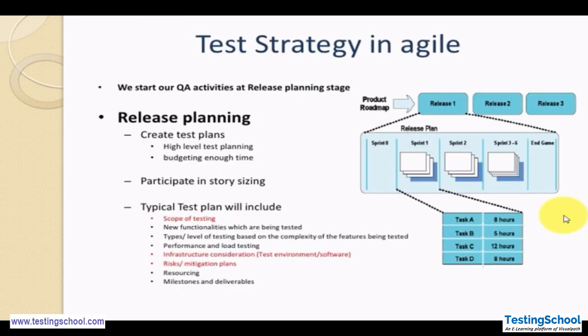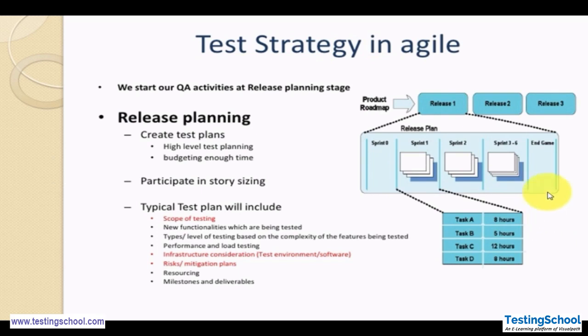We are going to see how we can implement a test strategy in the agile model. So let's see in this diagram what all the activities are that are performed by QA. Here I have mentioned we can start our QA activities when we start our planning meeting.